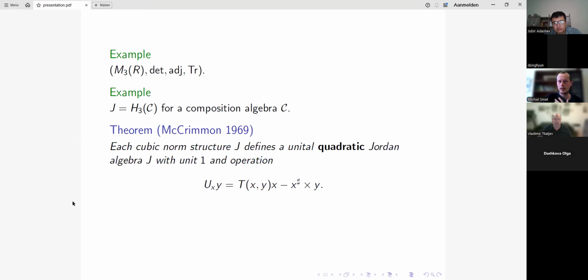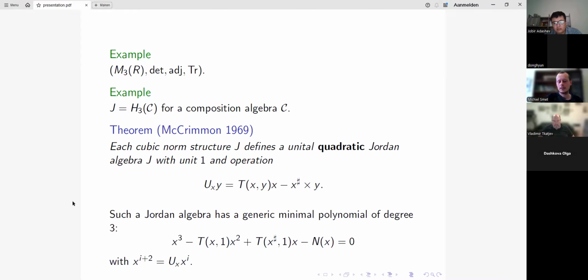And so, as I said before, a cubic norm structure defines a unital quadratic Jordan algebra J with unit 1. To illustrate that these Jordan algebras have degree 3, on the bottom of the slide you see a generic minimal polynomial of degree 3.